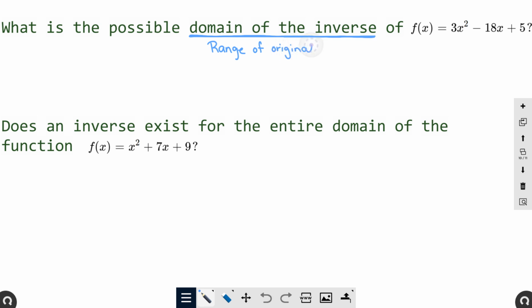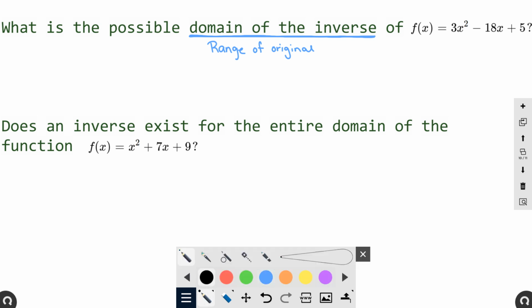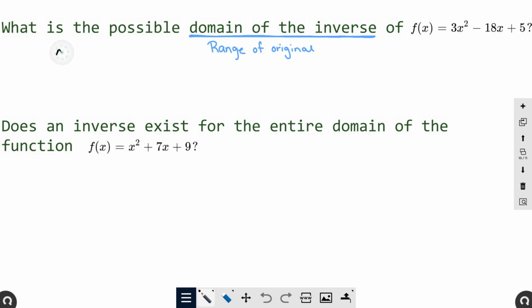So if we can find the range of the original function, we can find the domain of the inverse because they're the same. So what kind of function is that? It's a quadratic, right? So it's going to make a U shape. What's the domain of all quadratics? All real numbers. What about the range of this quadratic?